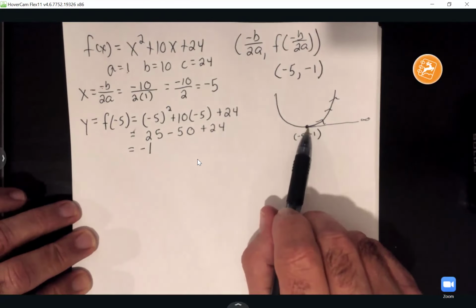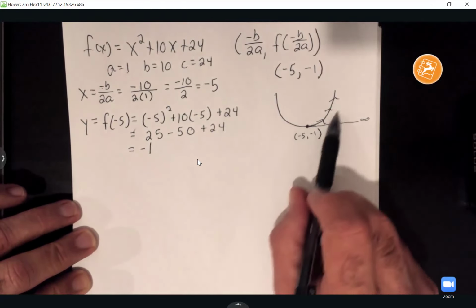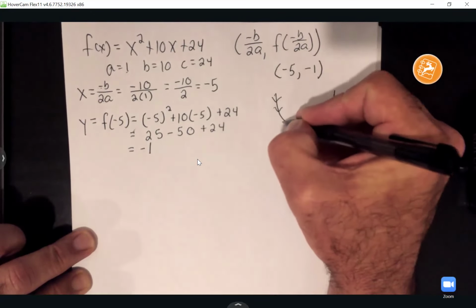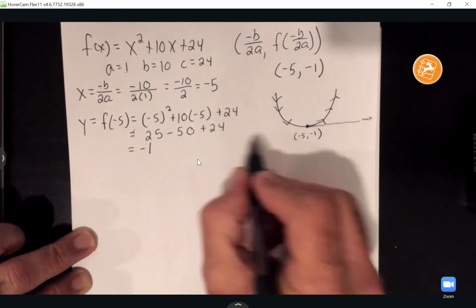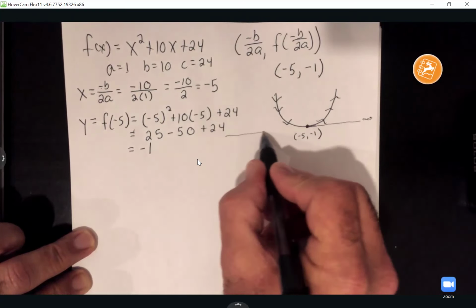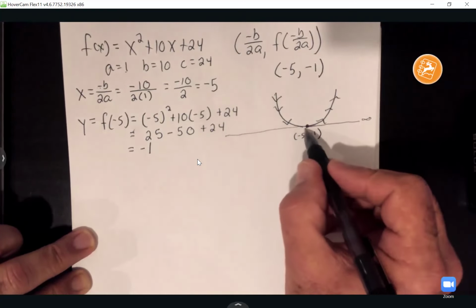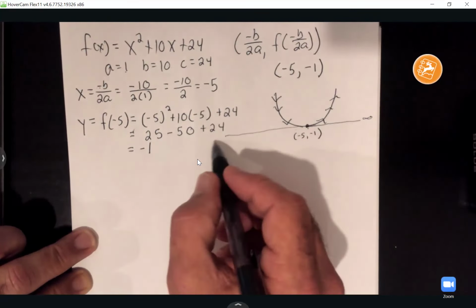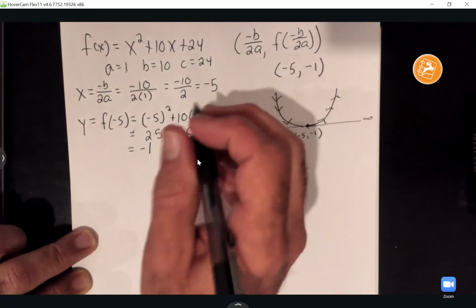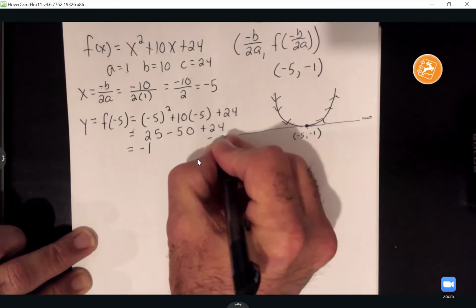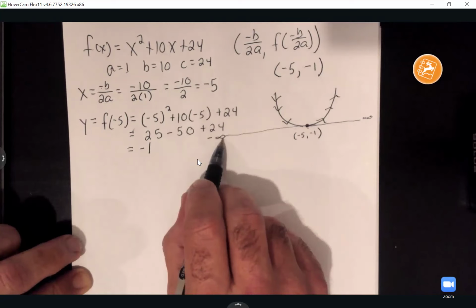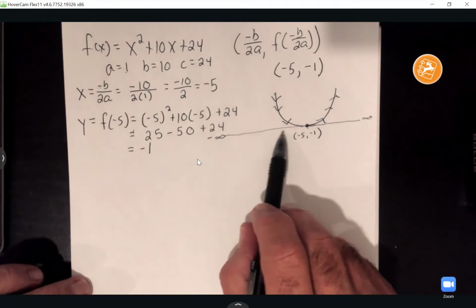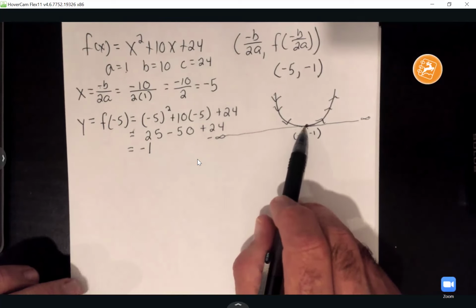So if this is going from -5 to infinity, increasing, this side right here is decreasing. But you got to figure out where it's decreasing from and to. We know it stops at -5, but where's it starting at over here? Well, y'all, if they come in from the left, they're coming in from negative infinity. So as this comes in from negative infinity, it's decreasing until it gets to that -5.